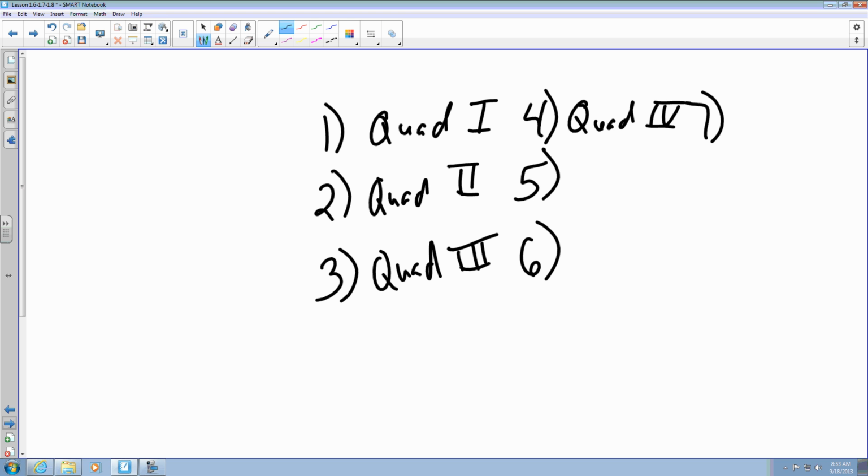It can be located on the x-axis, it can be located on the y-axis, and it could also be located at the origin. Those are the 7 locations that a point could be on any specific coordinate plane.